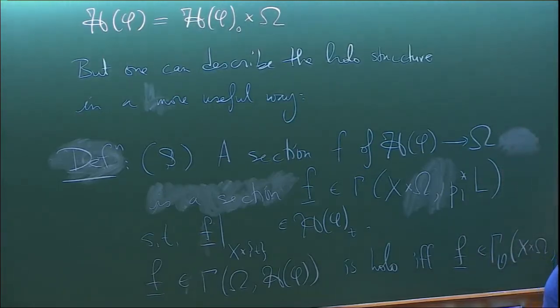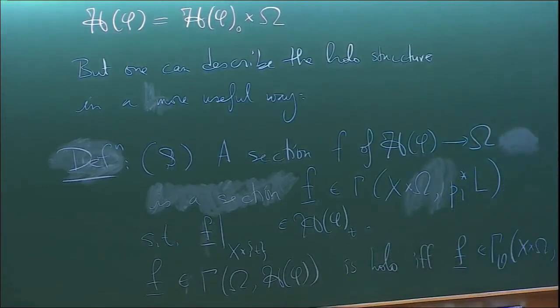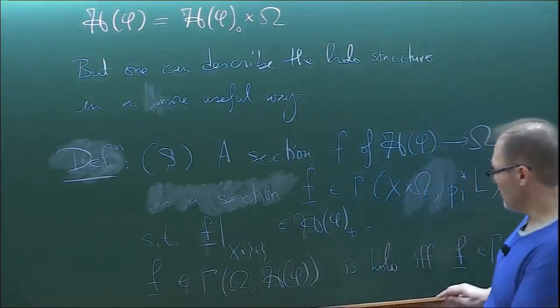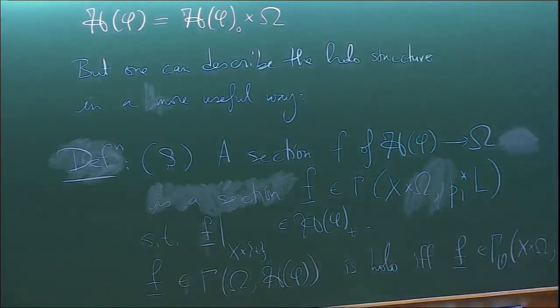It just means that it varies holomorphically with respect to T as well. So it's not just a holomorphic section here, it's also square integrable on the fibers, but that's already contained in this information here. Okay? Right, so the logic of this is that a priori F is in this space, and then the equivalence of the two things is holomorphic is equivalent to this. Okay.